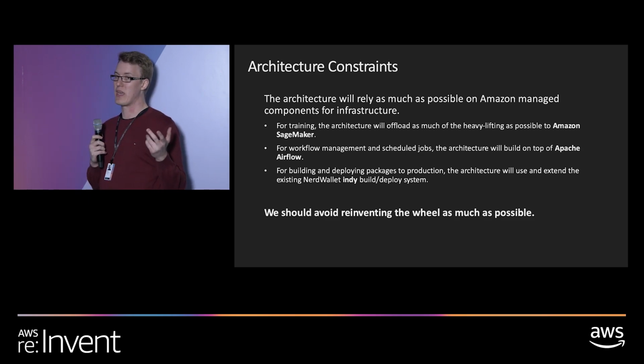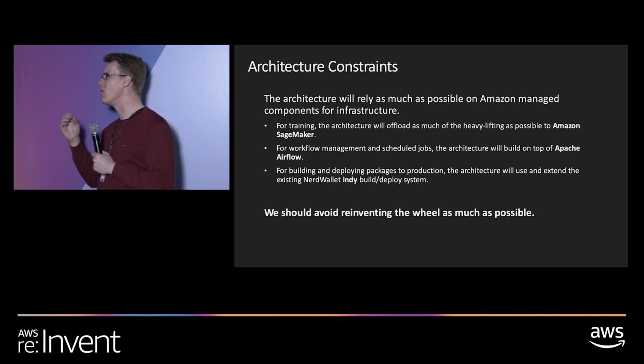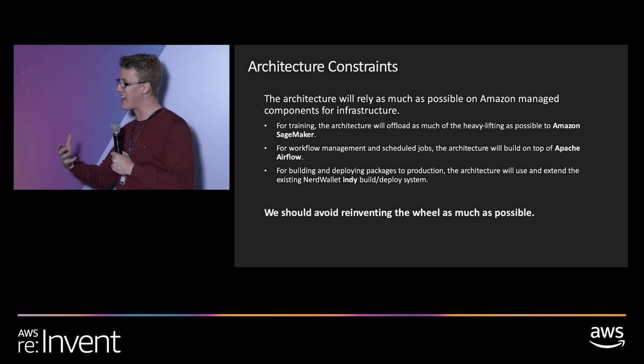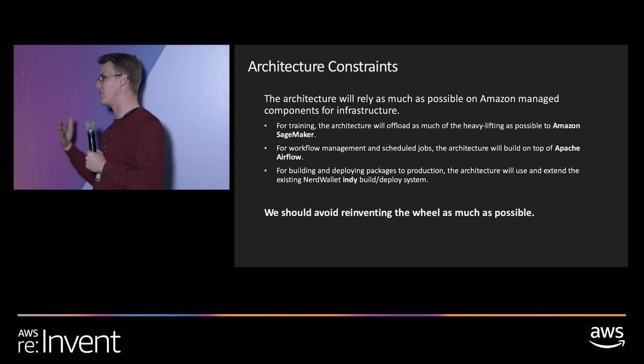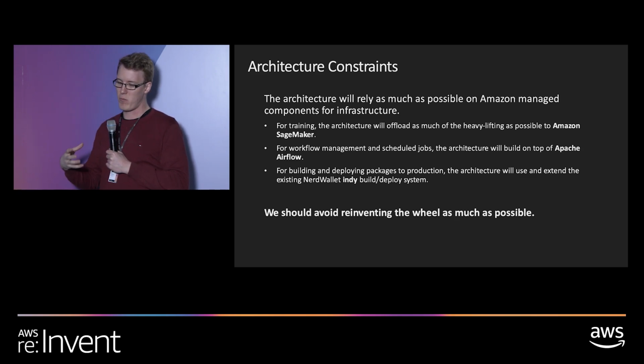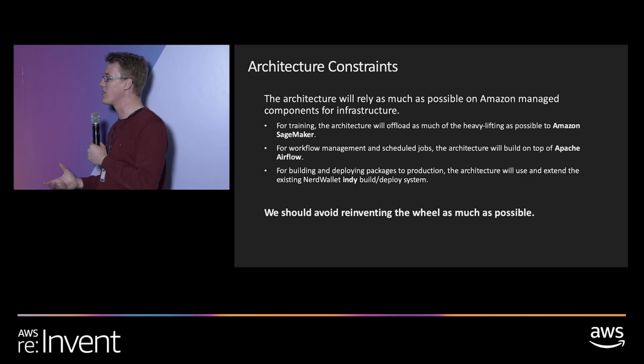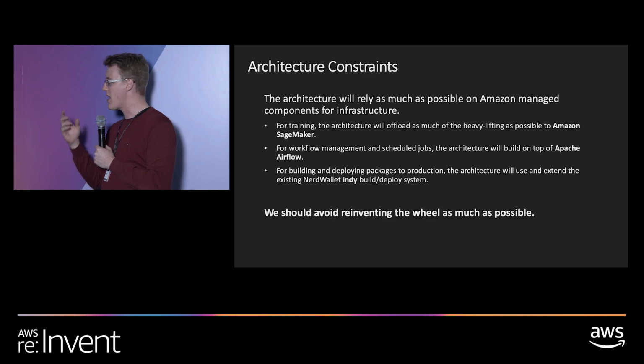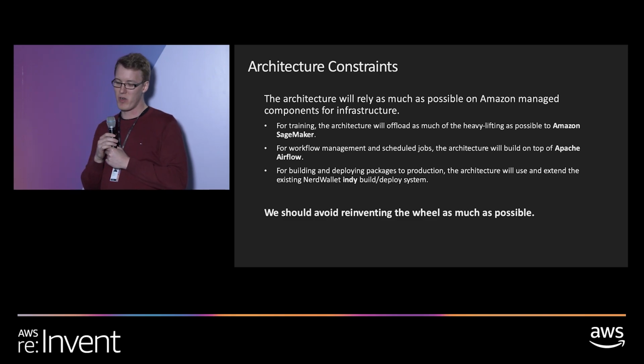And for building and deploying packages to production, we have an internal build deploy system called Indy. A key part of this is we wanted to integrate with our existing build deploy system so that we were able to leverage a lot of the work that's already been done internally to make it easy for folks to build and deploy models to production. And the key point in general is we wanted to avoid reinventing the wheel as much as possible.